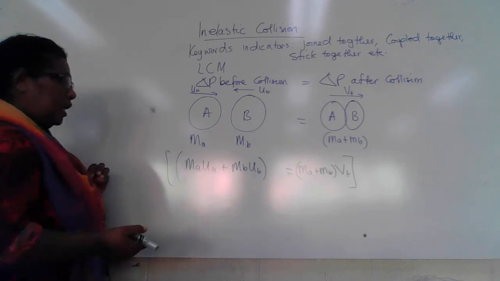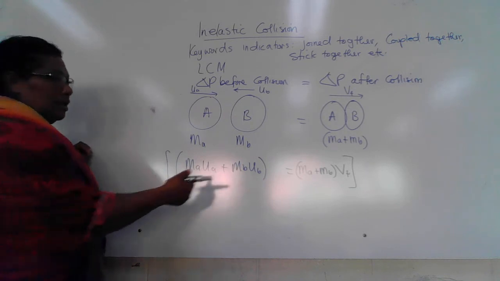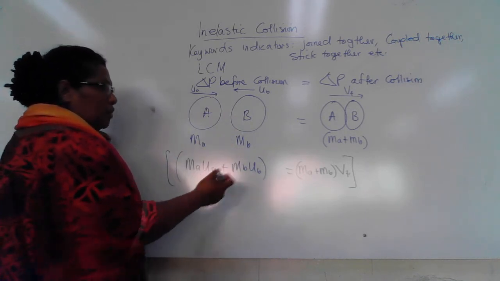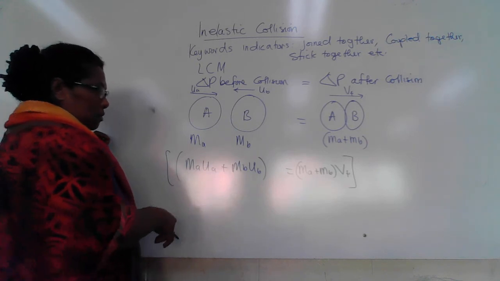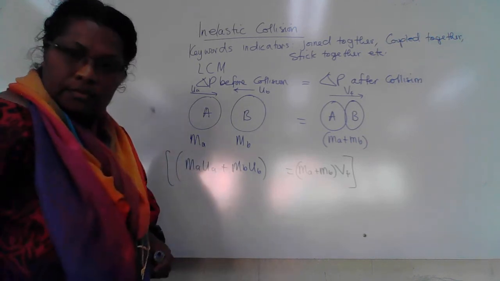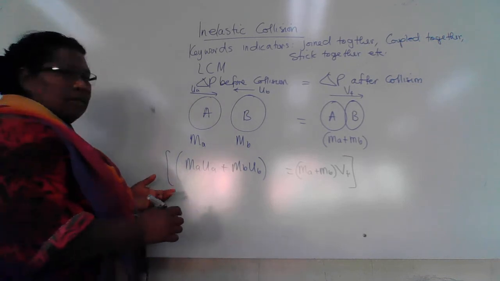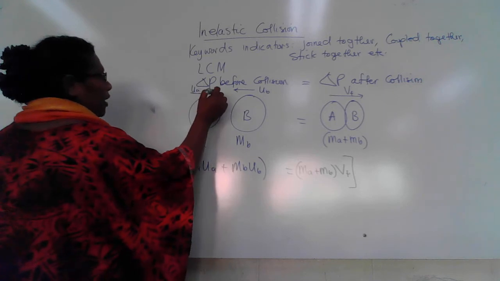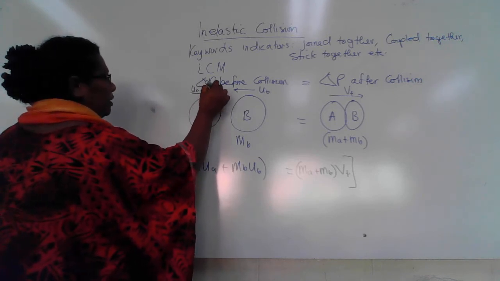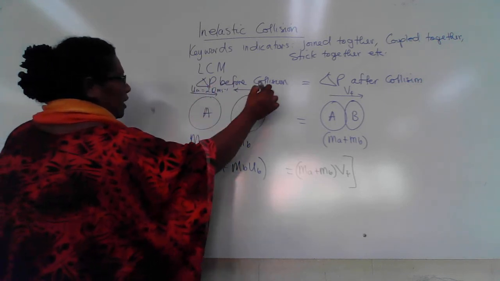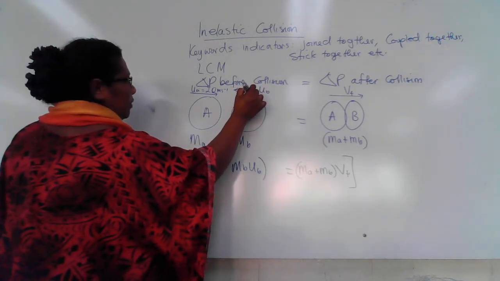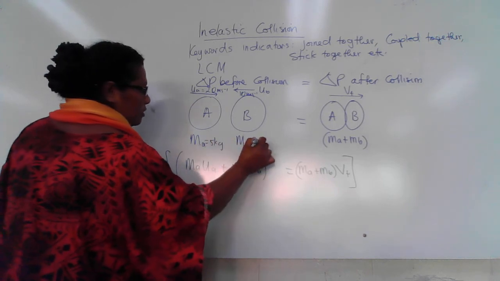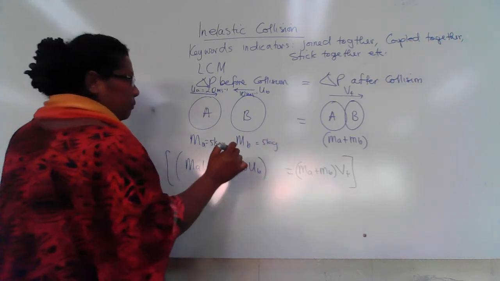Let's give some values and do some math. For example, let's calculate the velocity of these objects after collision. We'll use the initial values that we used for the other example. UA will be 20 meters per second, and UB will be 10 meters per second, both having identical masses, 5 kilograms.